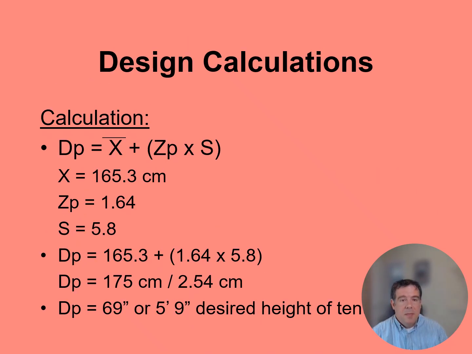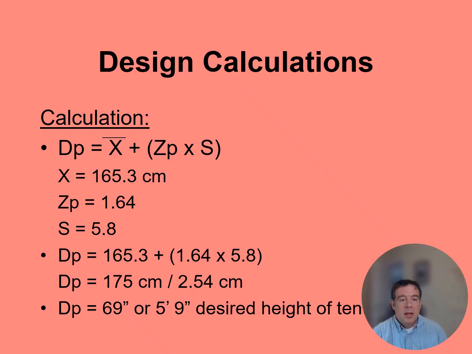So for these Japanese, we saw that the mean is 164 centimeters. Our z-score is the same. Remember, first standard deviation is 1.64. Our standard deviation for this population is 5.9 centimeters.